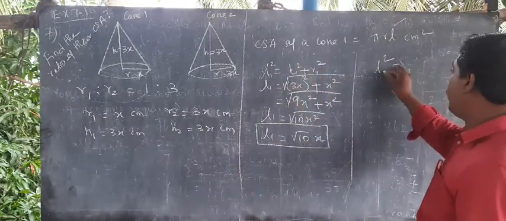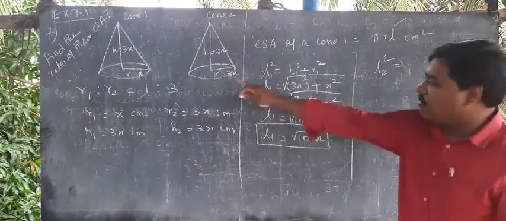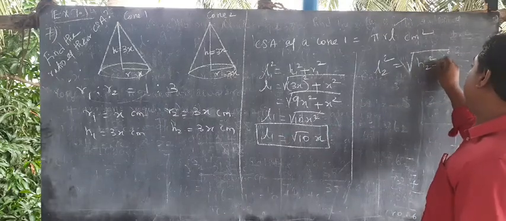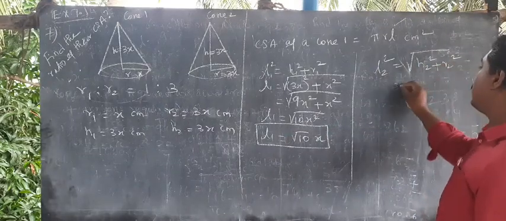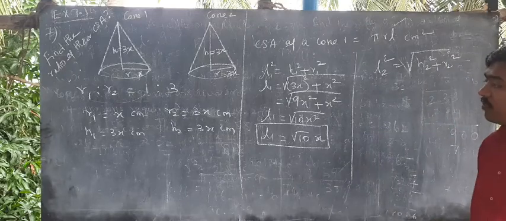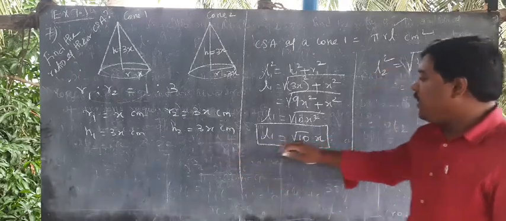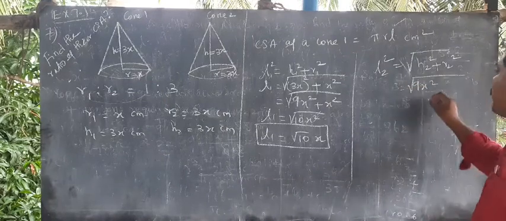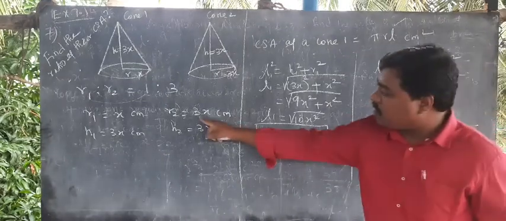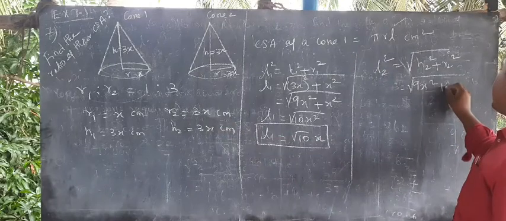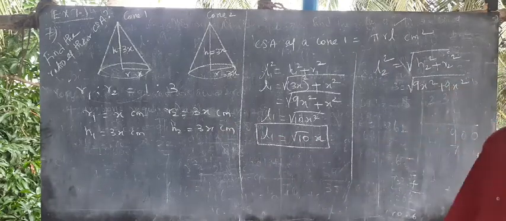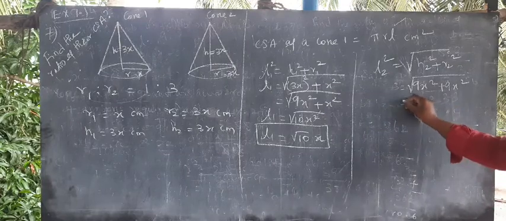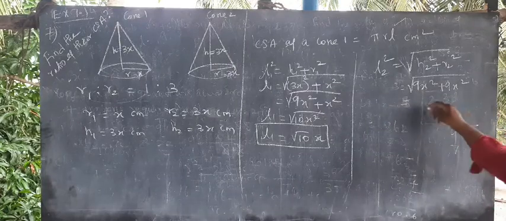Now I find the L for the second cone: root of H2 squared plus R2 squared. H squared means the same thing, 3x squared, that is 9x squared. R squared also the same, plus 9x squared, because R equals 3x. R squared means 9x squared. 9x squared plus 9x squared, 18x squared.